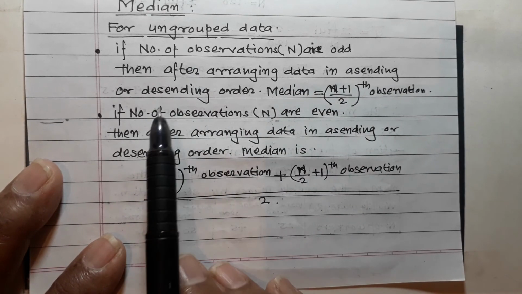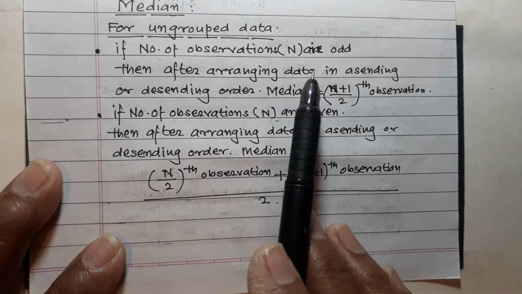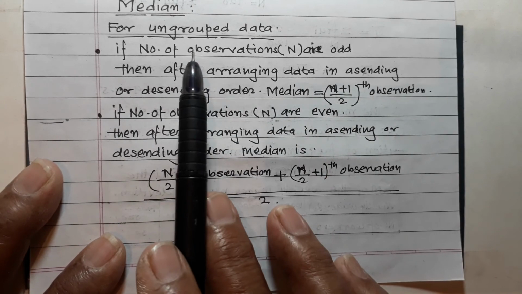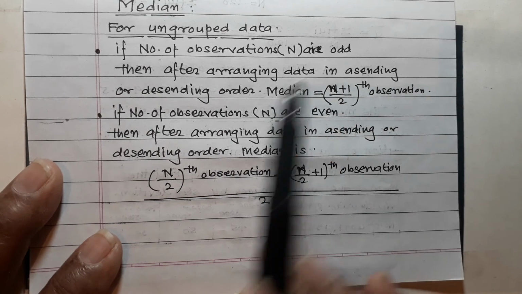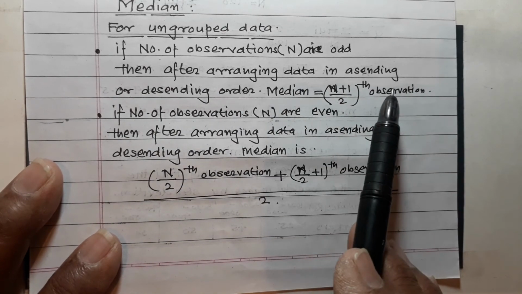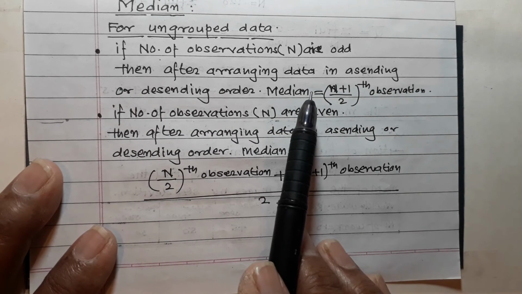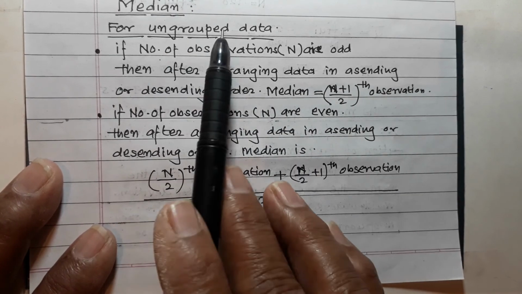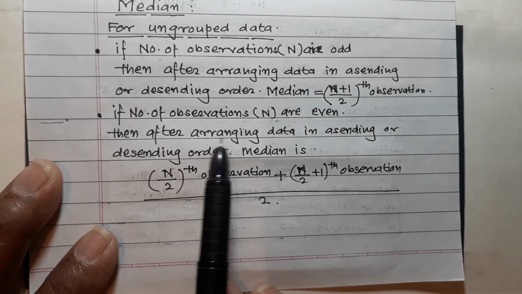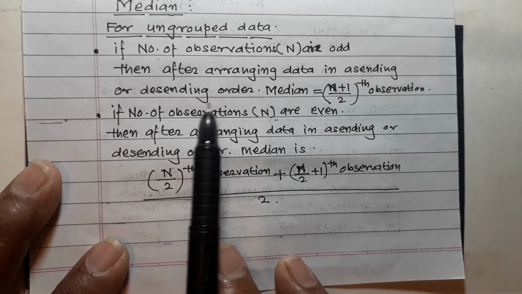But in grouped data the number of frequencies is very large, and therefore it is difficult to arrange that data in ascending or descending order. So for ungrouped data this method is ideal.